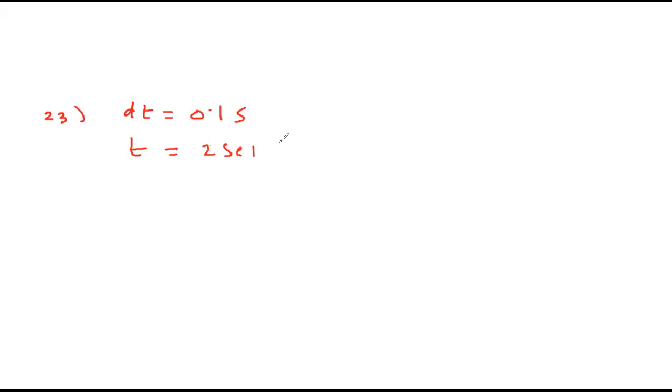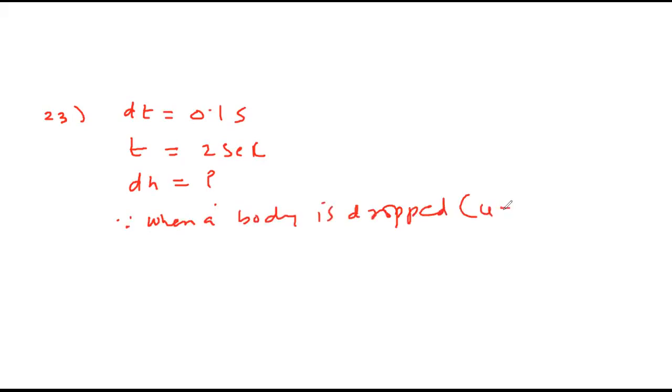Error in estimation of height means d stands for error. Delta also you can write it. So I know when a body is dropped, then initial velocity u is 0. Formula for distance covered is ut plus half at square.